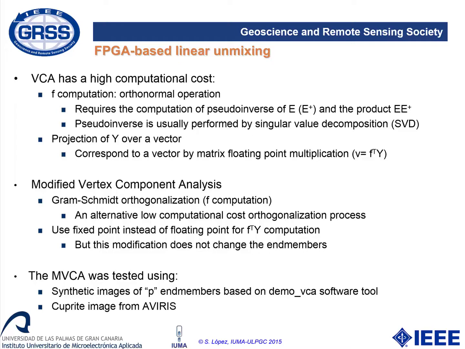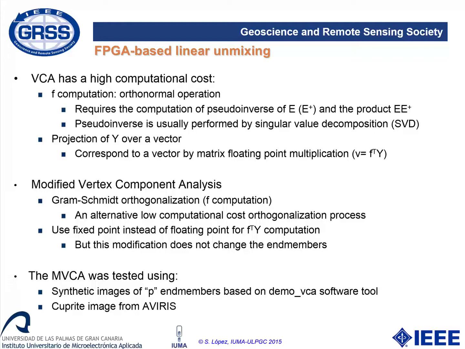And also the other thing was to use fixed point arithmetic instead of floating point arithmetic for the projections, in the sense that what we really need to know is not the value of the projection itself, but where is the pixel that gives us the highest projection.